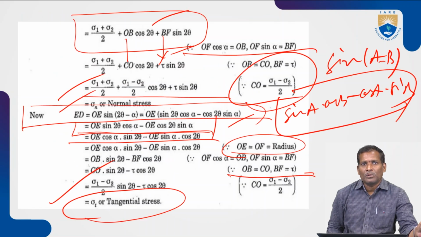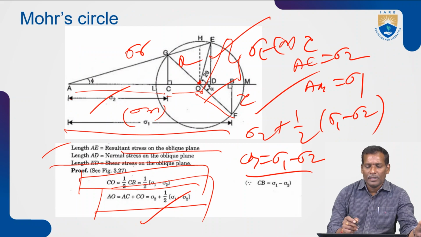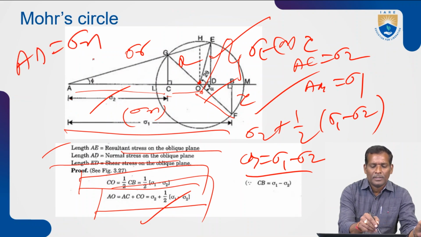So first, according to the Mohr circle, you will get the sigma n, AD. AD is sigma n and ED is equal to sigma t.